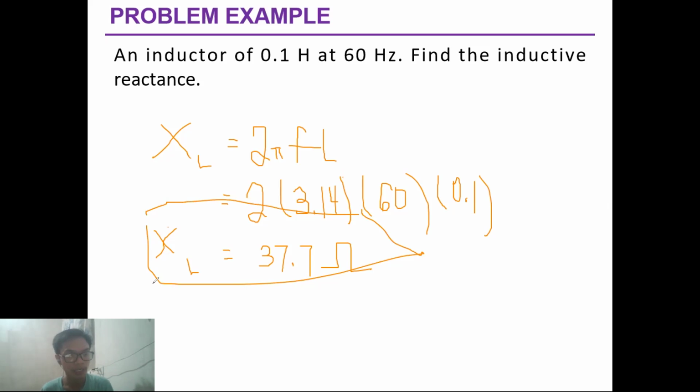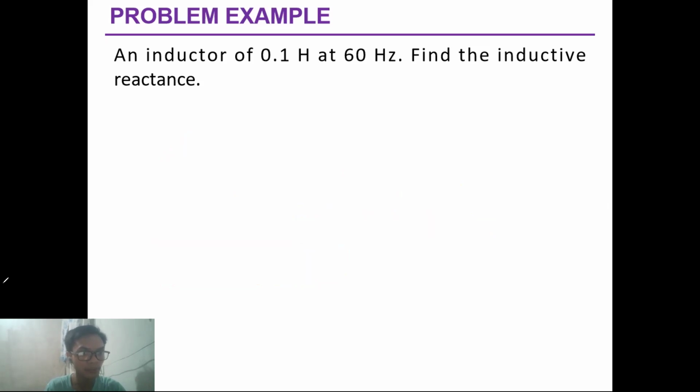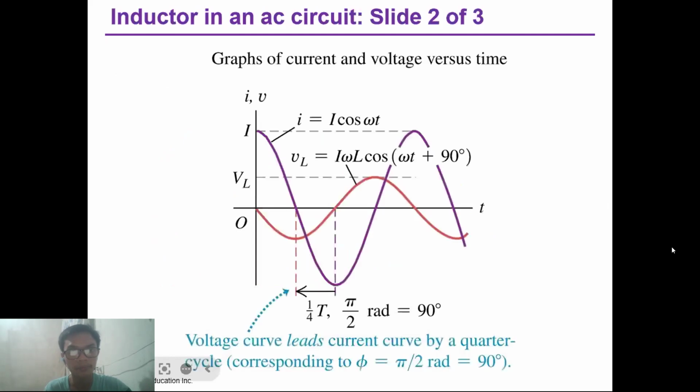So let's think, pair, and share. What happens to inductive reactance as frequency increases? So what do you think? We have here a graph of current and voltage versus time. You can notice that the voltage curve leads the current curve by a quarter cycle, which corresponds to pi over 2 rad, equal to 90 degrees.